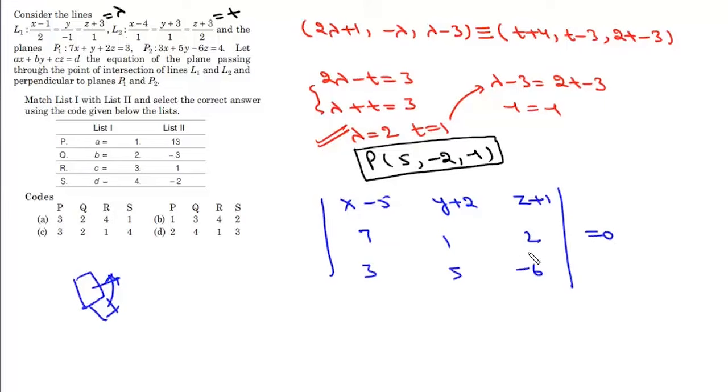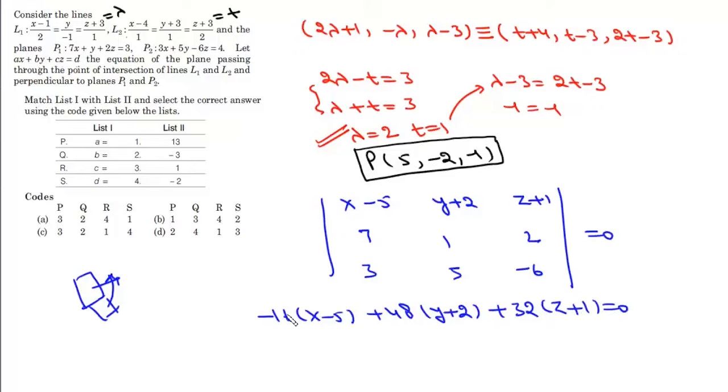Now this is minus 6 minus 10, so it will be minus 16 into x minus 5. Now this is minus 42 minus 6, so there will be plus 48 into y plus 2, and then it will be 35 minus 3, 32 into z plus 1 equals 0.